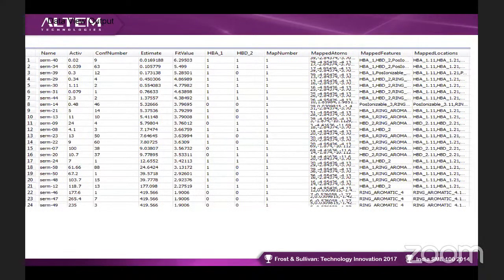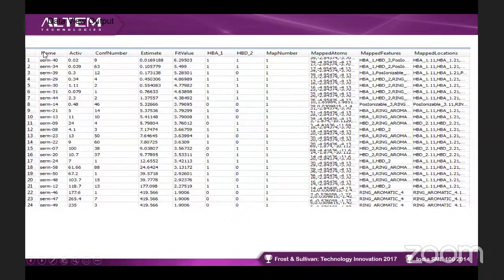And here it shows your molecule and its binding, and you can see the conformation, and you can see the fit value, and then you can also see which atom is mapped and which feature is mapped in your newer versions. We can even see which atom is mapped within which particular pharmacophore, and replacement and specific mapping will also be there.